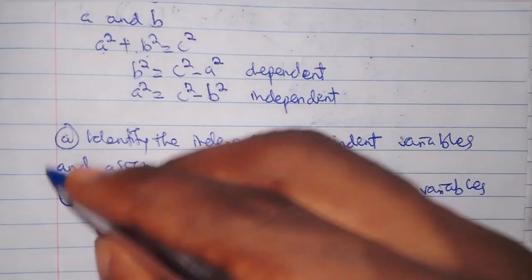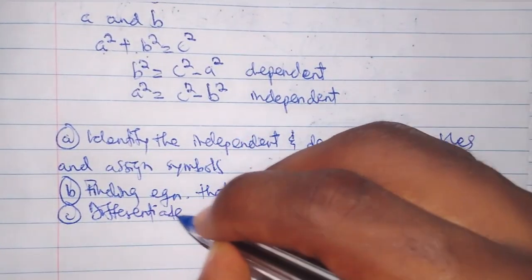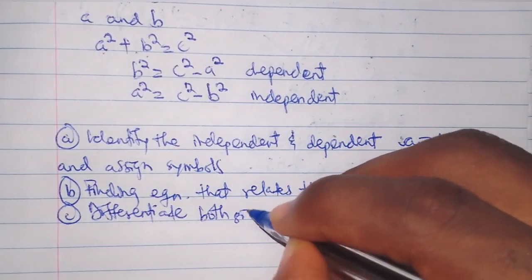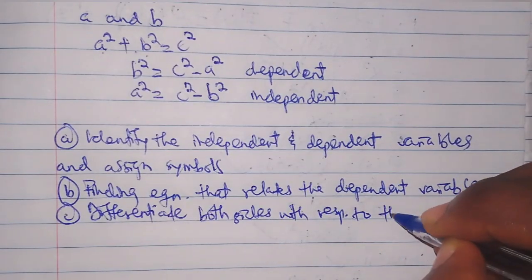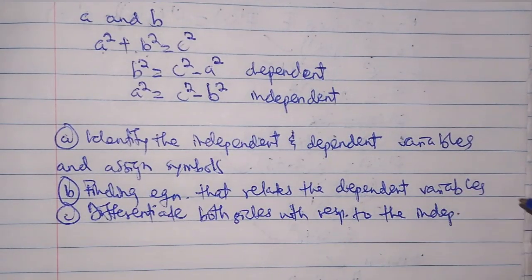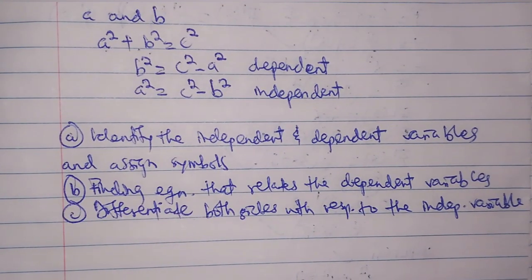So you differentiate both sides with respect to the independent variable, using implicit differentiation. So take note, you use implicit differentiation.